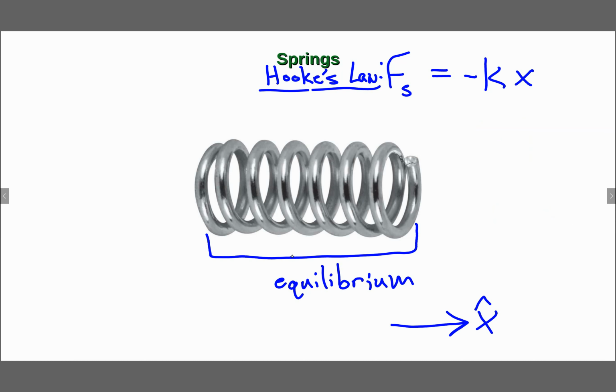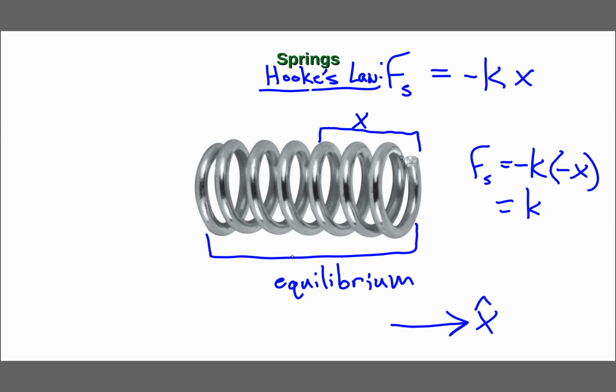On the other hand, with this same coordinate system in place, if I compress the spring by some distance x, okay, when I do that, my displacement is negative, right? I'm displacing it in the negative direction. So I have minus k, and then x is minus x because I'm displacing it in the negative direction, and so the force will end up being kx, right?